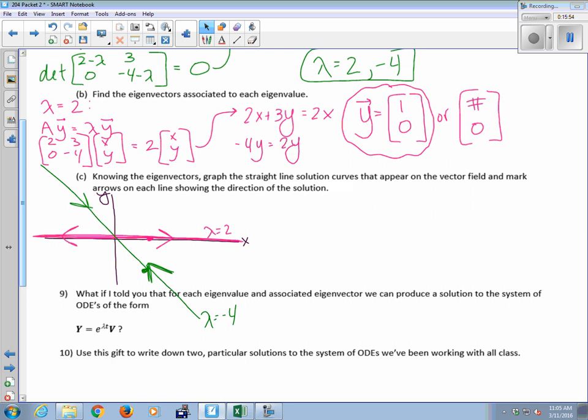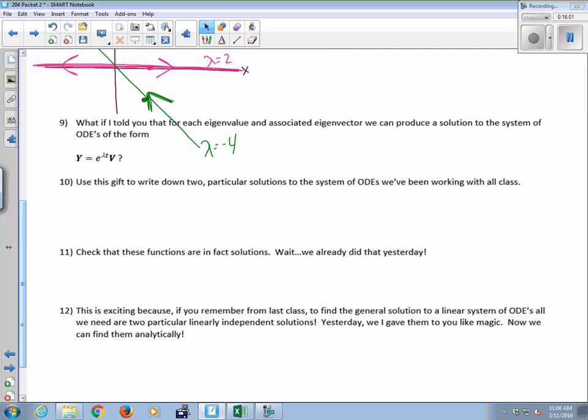It solves your differential equations. So I want to write down two particular solutions to my system of ODEs that we've been working with here. So y, that's a bold y, which means (x, y), equals e to the lambda t, and I'm using 2 as my lambda. And then v was 1, 0.